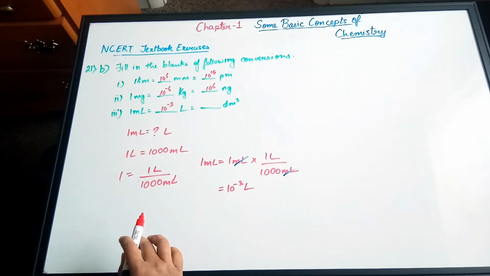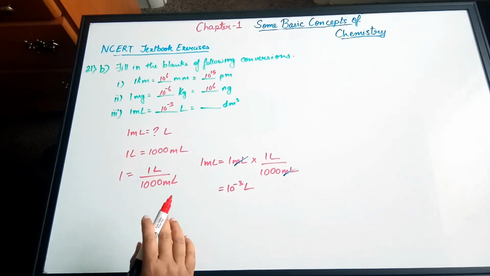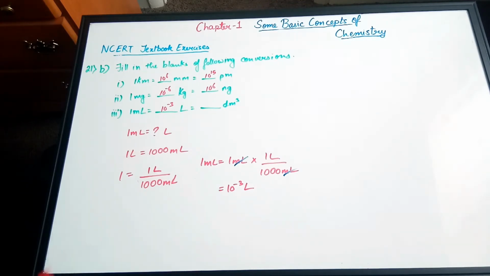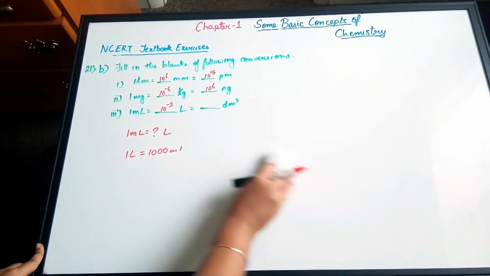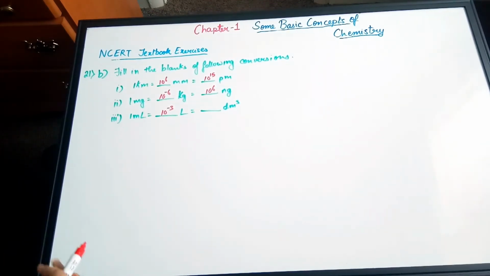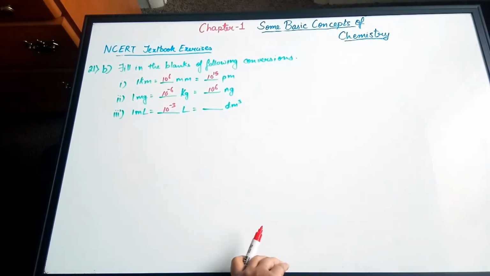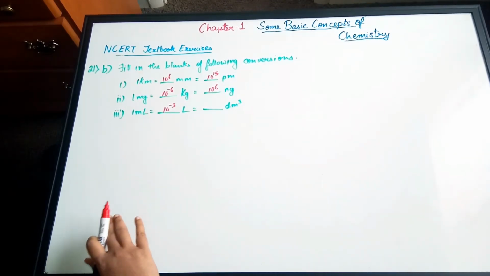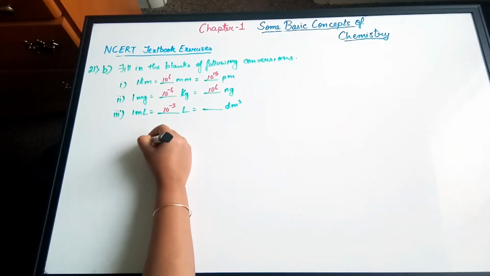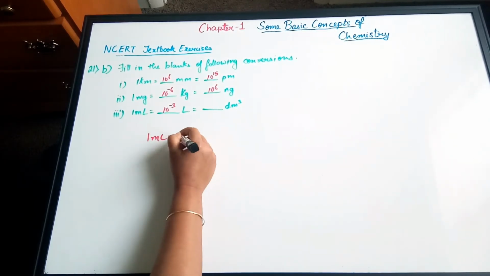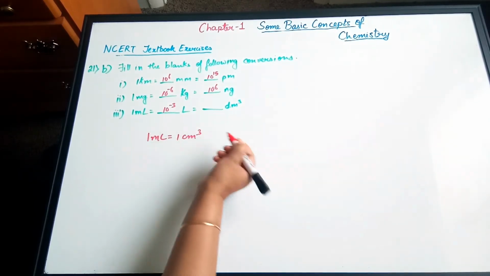Next we need to convert it to decimeter cube. Now first of all, you can't just convert the units of length directly to volume. So 1 ml equals 1 centimeter cube.